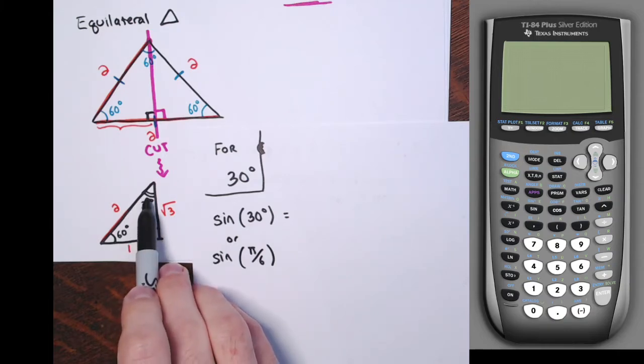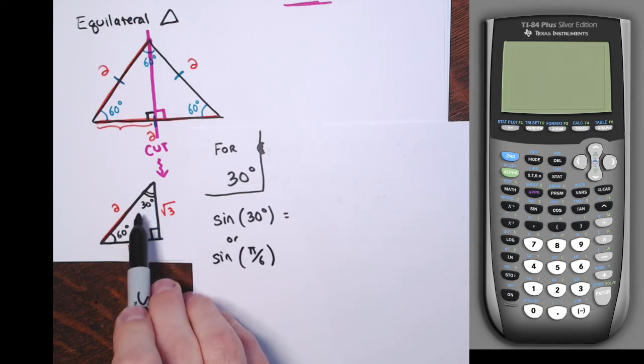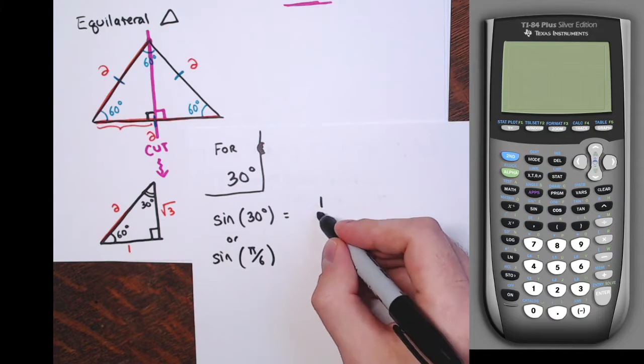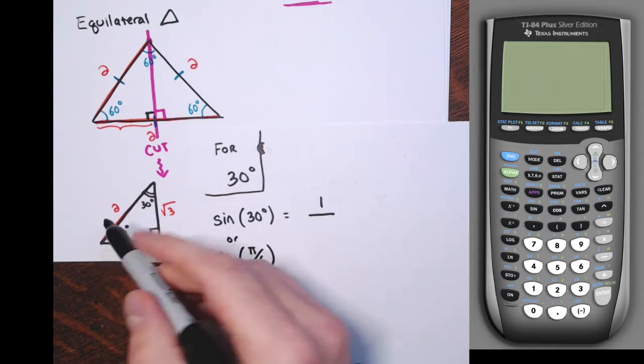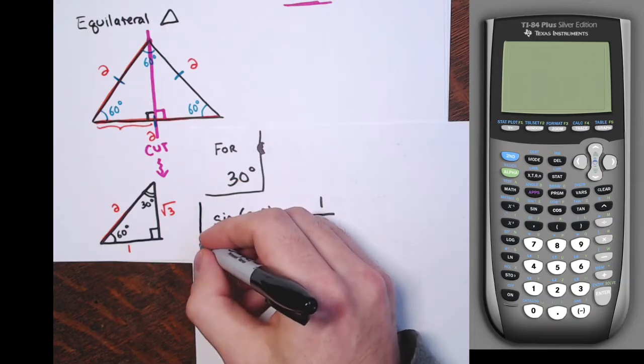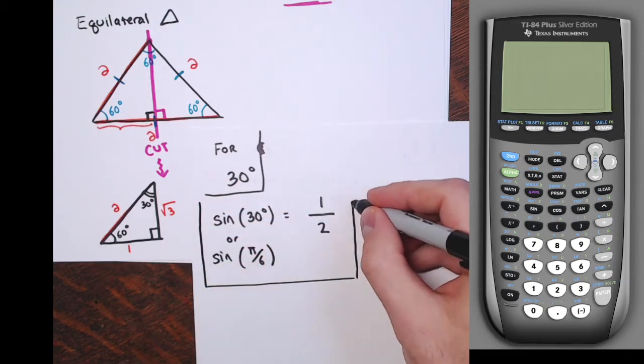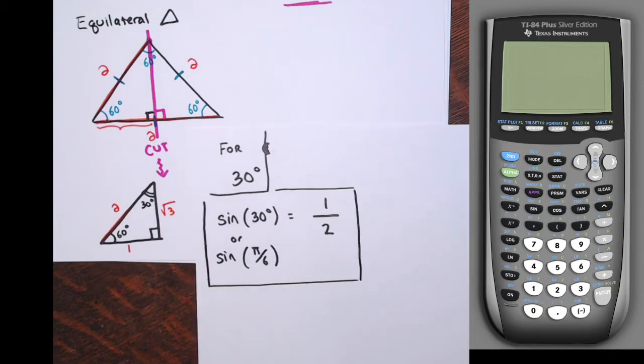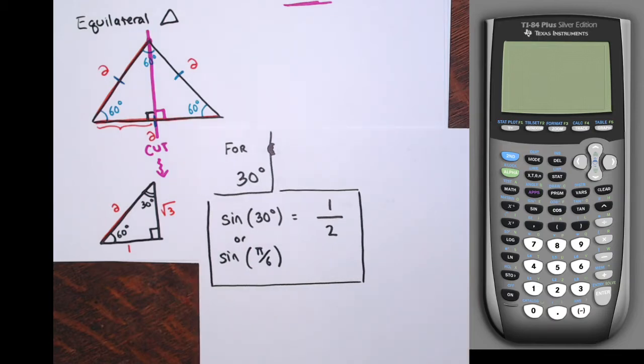Remember, sine is opposite. So the opposite length is 1 divided by the hypotenuse, 2. I'll put this in a box. Please get to learning this very quickly. So the sine of a 30-degree angle, or a pi over 6 radian angle, is a half.